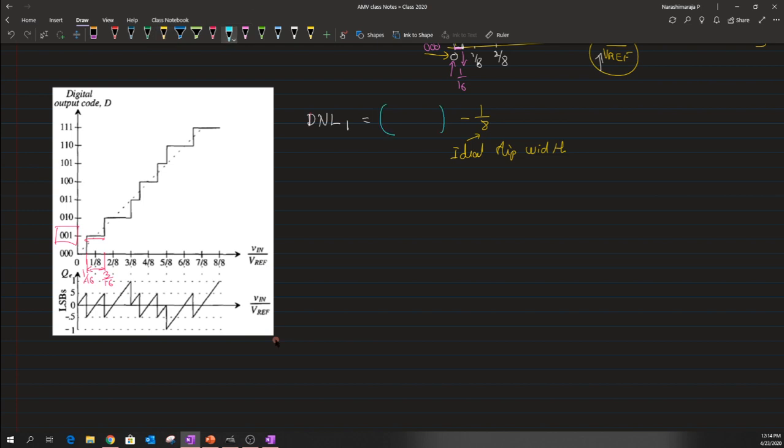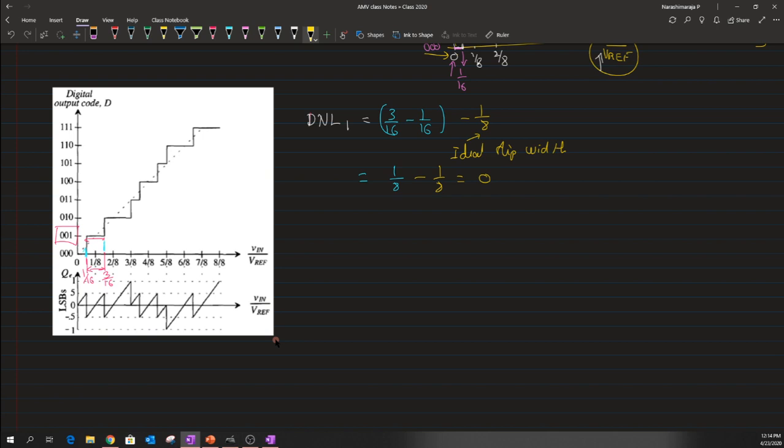To read that, I measure the width starting from the value of 3 by 16 minus the previous value, which is 1 by 16. That results in 1 by 8, and minus the ideal step width, which is again 1 by 8, it results in a DNL equal to 0. I hope that is clear.